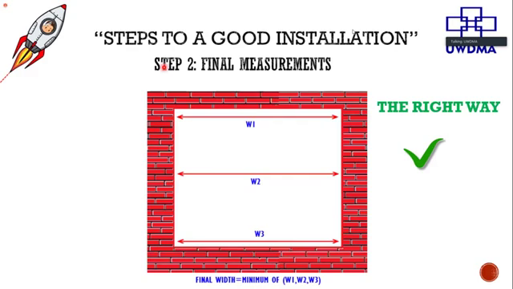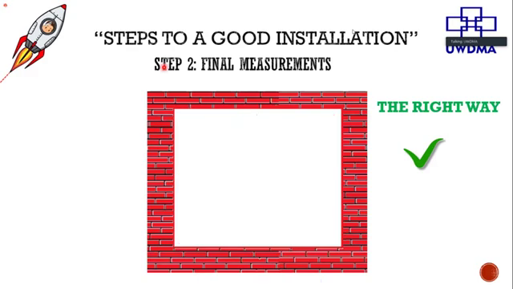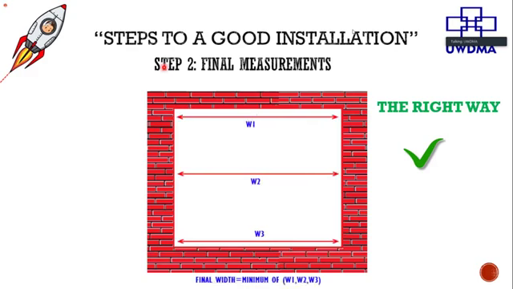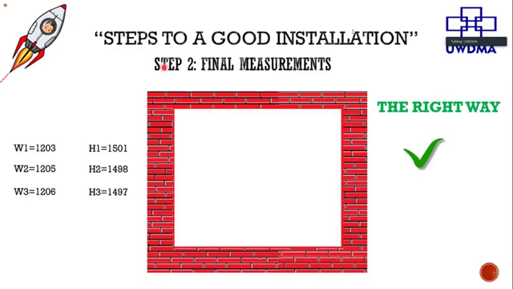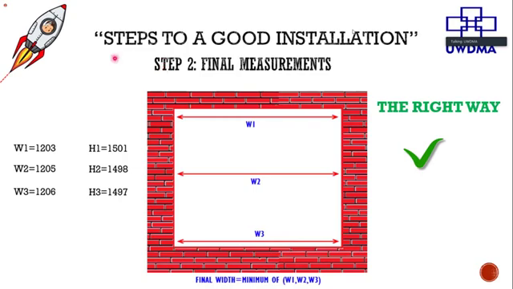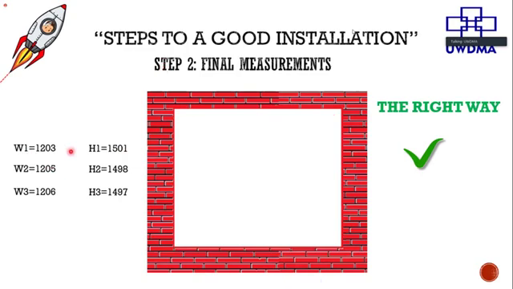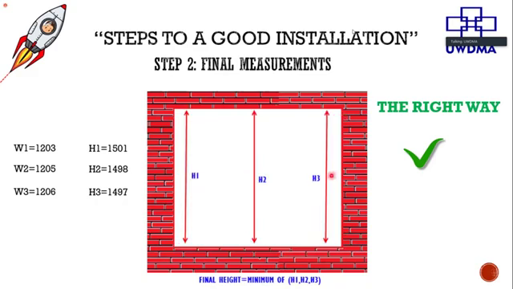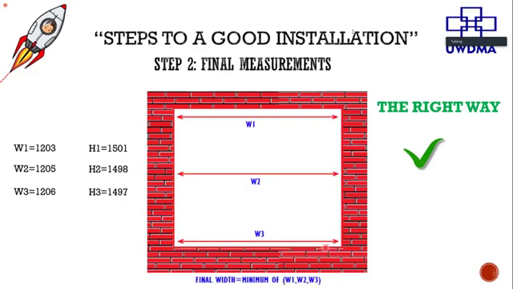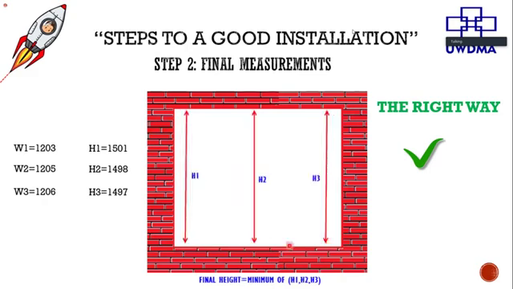What is the reason? Let me show you an example. Okay, so now we have an opening. The width from the top is 1203, then 1205 from the center, and 1206 from the bottom.